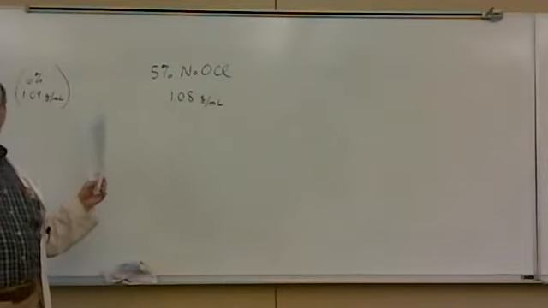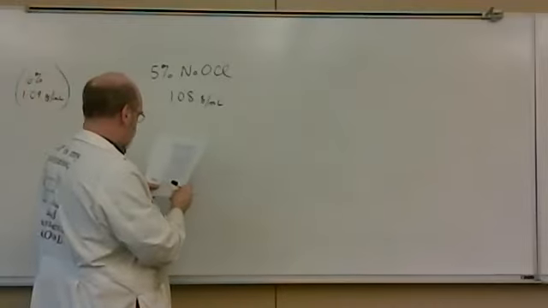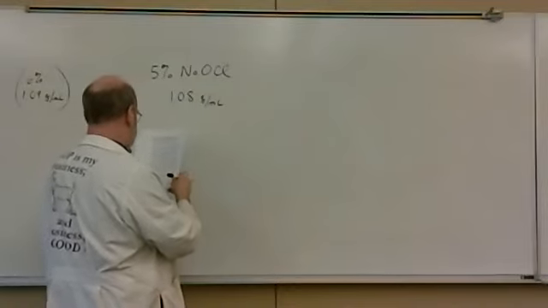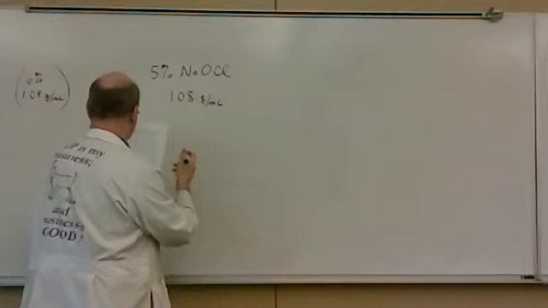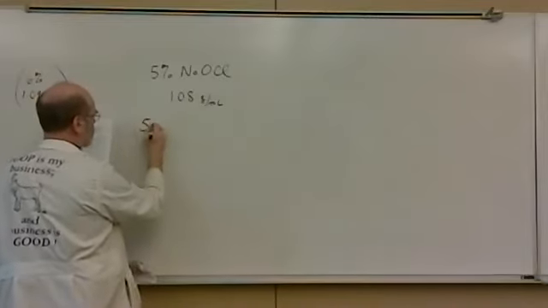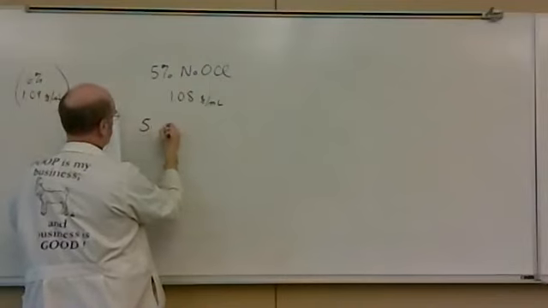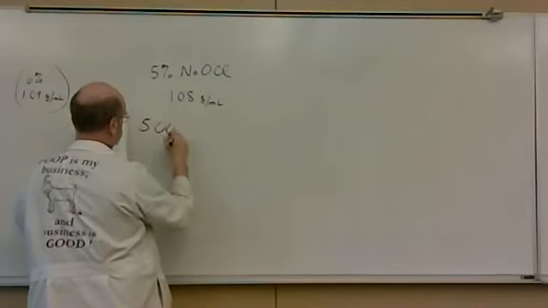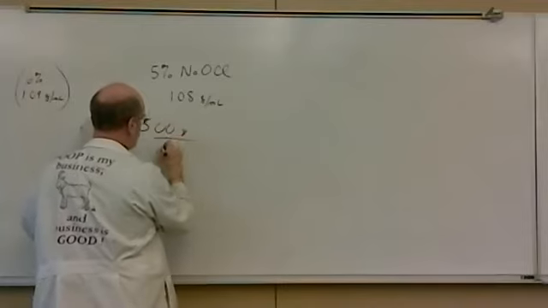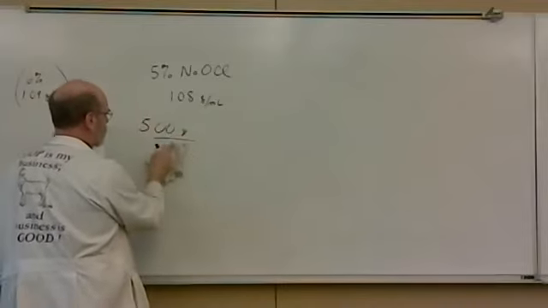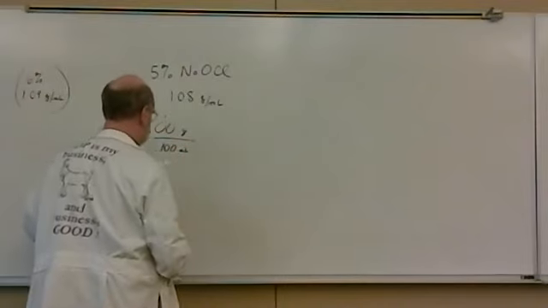So you have to know what parts on top and what parts below. And what we're saying is that it is mass per volume. So that means 5, and we can give as many decimals as we want, so many grams per 100 milliliters.